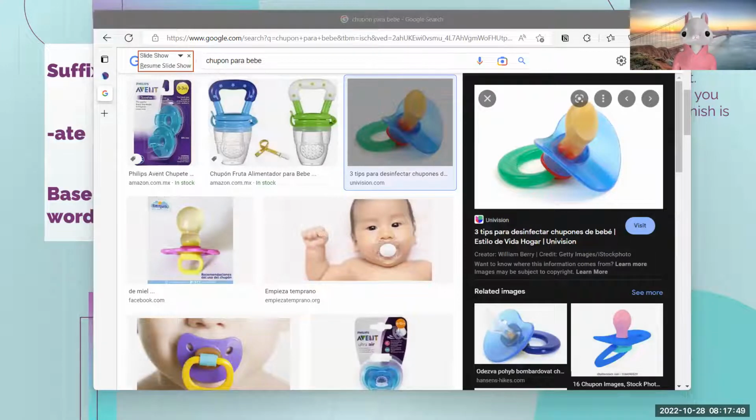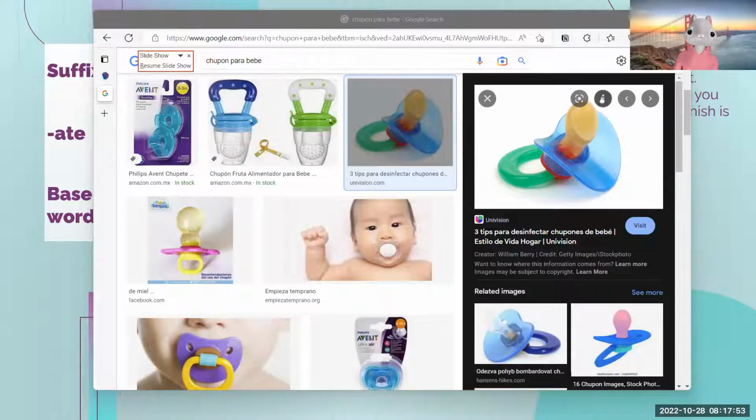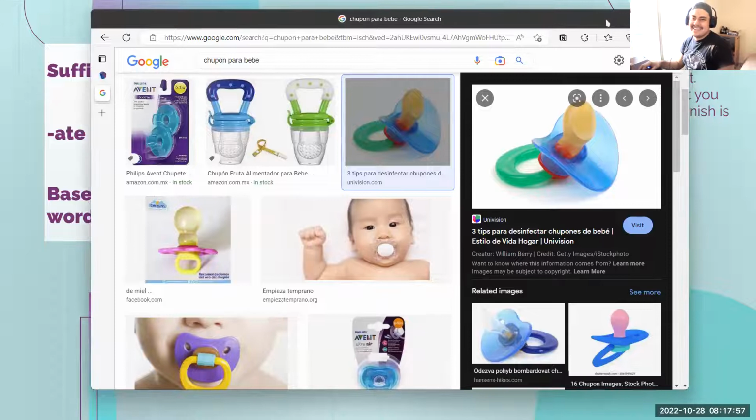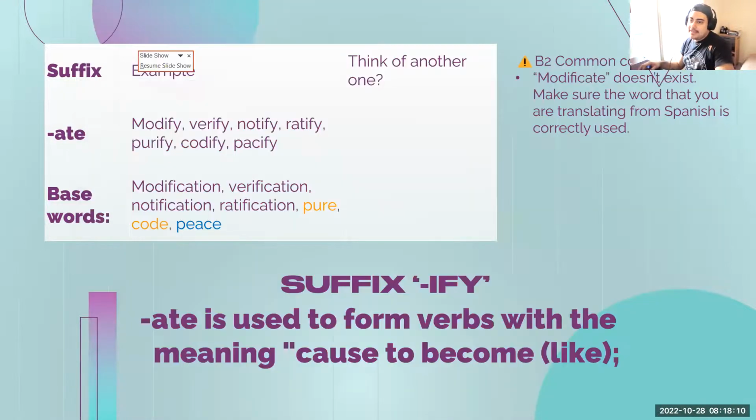Very good. How do you know that, Connie? You said that to us previously. Cool. Super cool. So here you have pacify. This pacifier pacifies the baby. That comes from the word peace. There you have it.